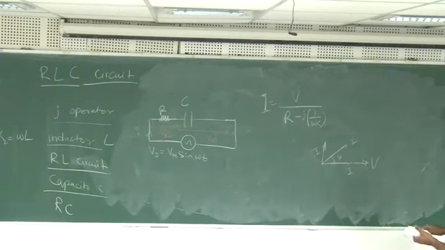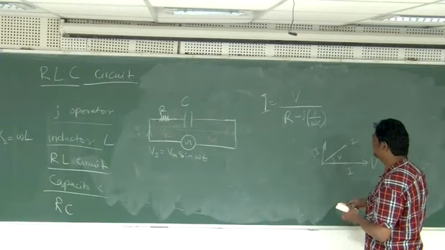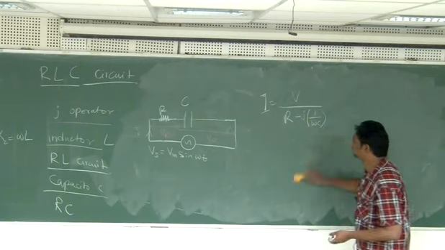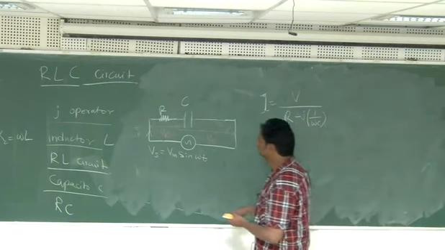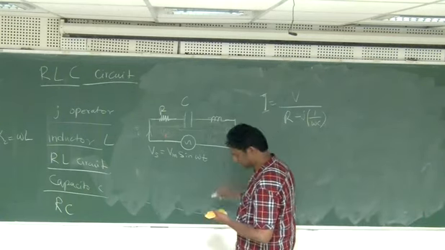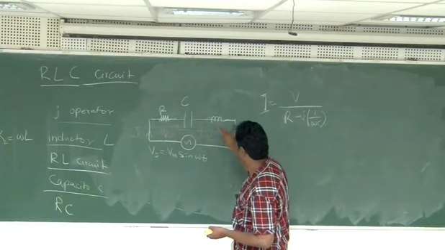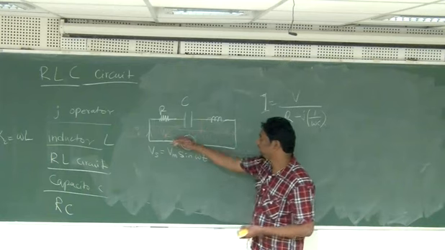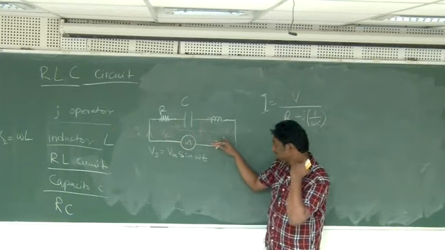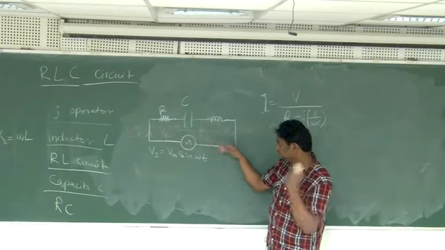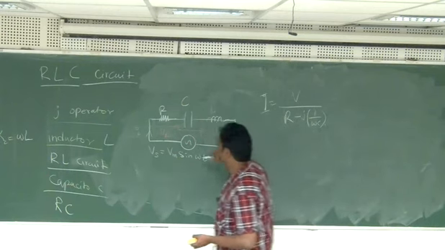And what if you have all three together? If you have all three together, there is an inductor also here. Then up to here is VC and this is VL. So three voltages: VR plus VL plus VC. This is L. How do you represent it?